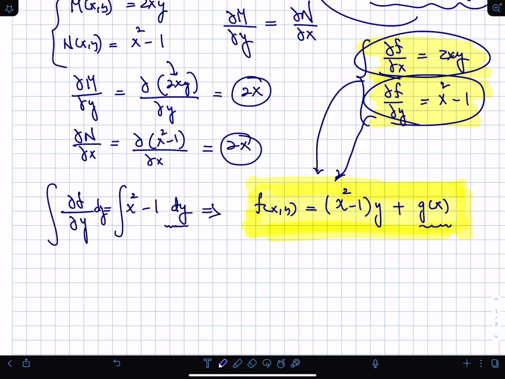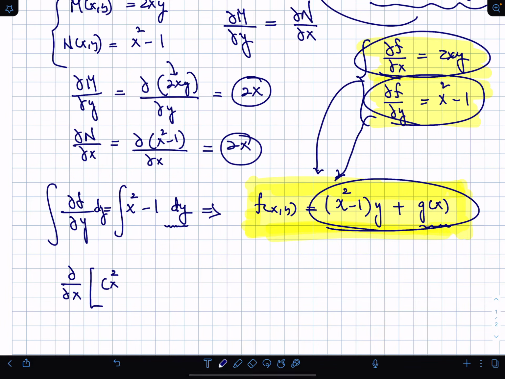And it looks like we can, because it says if you took the partial of f, whatever f is, in this case, this happens to be f. So if you take the partial of that with respect to x, which is x squared, and I'm just going to multiply this out, minus y, and I don't even need to put the parentheses anymore, plus g of x.